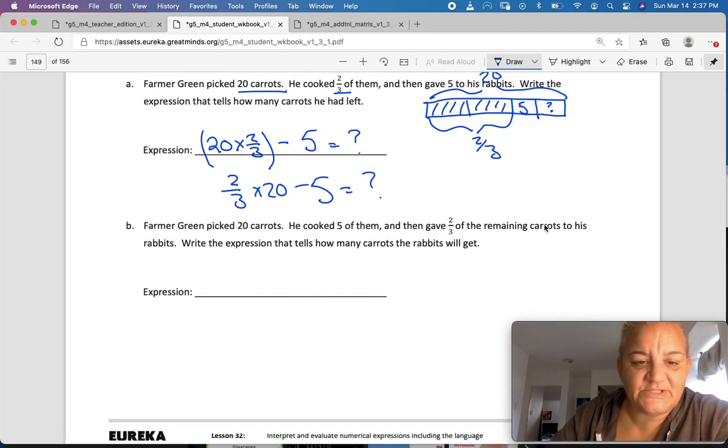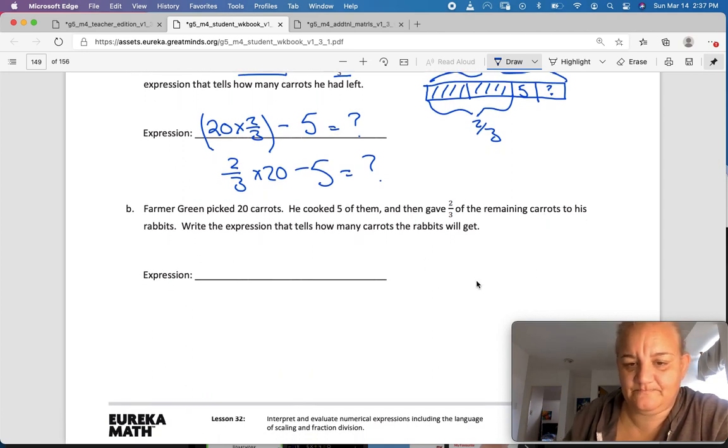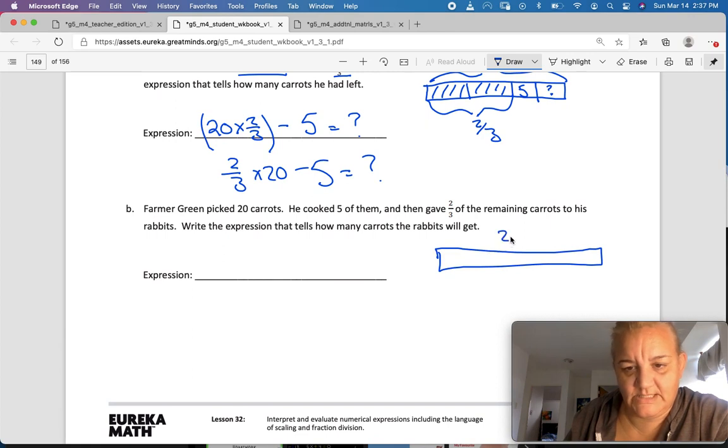Farmer Green picked 20 carrots. He cooked 5 of them and then gave 2/3 of the remaining to his rabbits. Write the expression that tells how many carrots the rabbits will get.